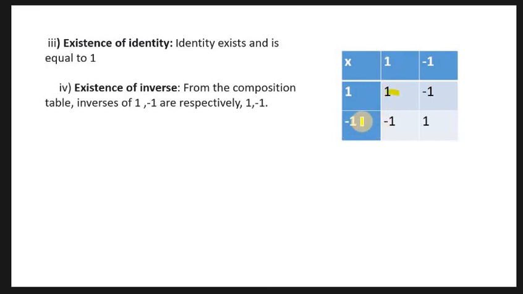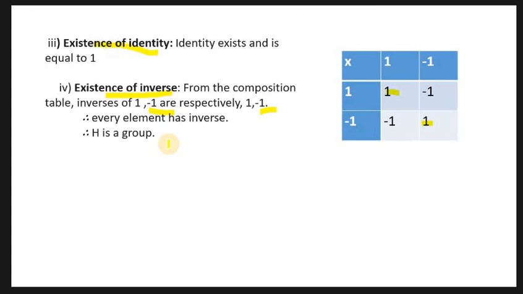Then -1 in the second row, -1 into -1 is equal to 1. The identity element is present here. So -1 into -1 is equal to 1 implies that the inverse of -1 is -1. So all the elements of H have inverses. Therefore H is a group.